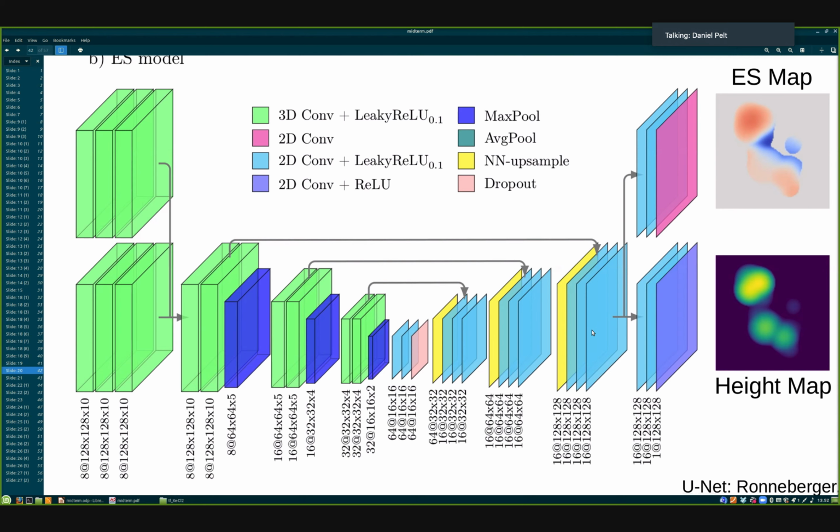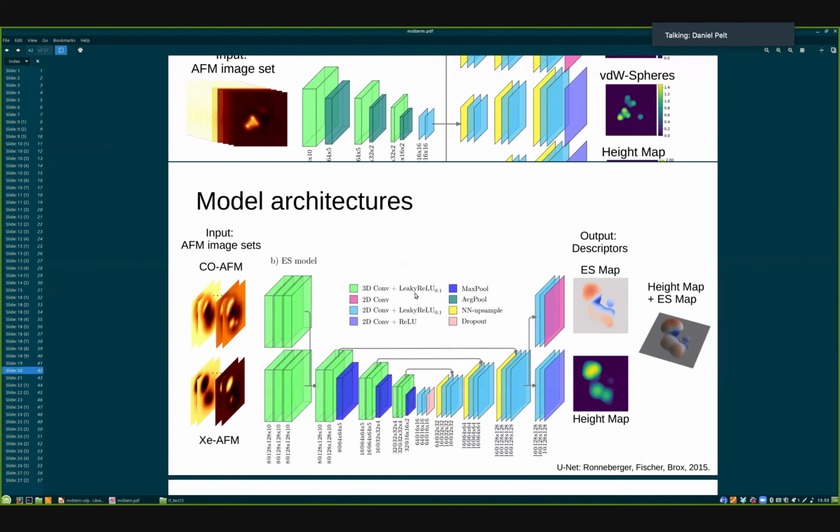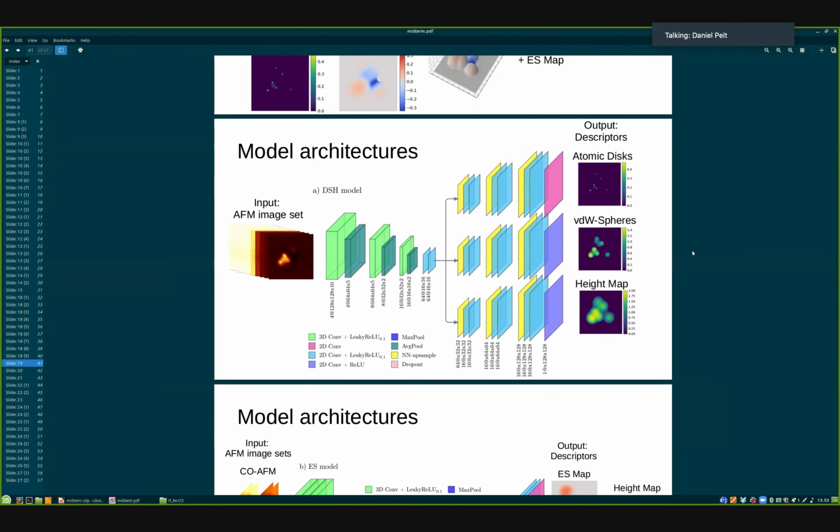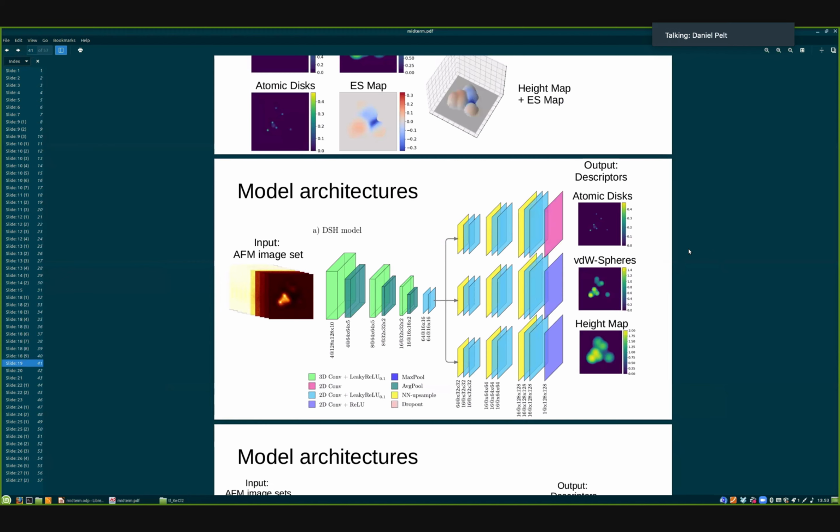First, a really quick question, related to the question by Patrick: why did you end up using this particular model for ES and the other one for the DSH? There are tons of architectures that you can use. Why choose specifically these ones, and why are they different between the two? Time difference.